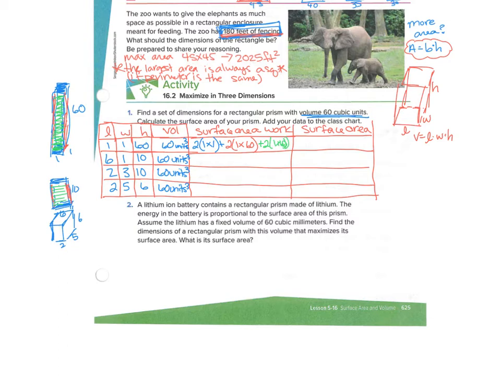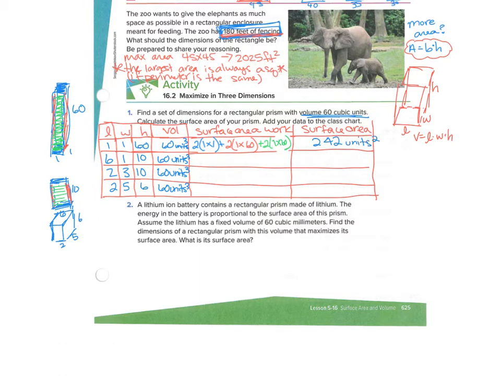Sorry if that was hard to read. Let me erase that and make my 60 clearer in green. So 1 by 60 units in area. Then I would do what's in parentheses, multiply by 2, and add up those 3 numbers. When you do that, you get 242 units squared.